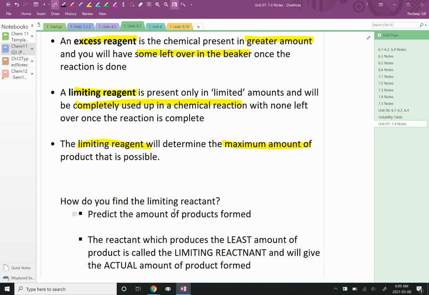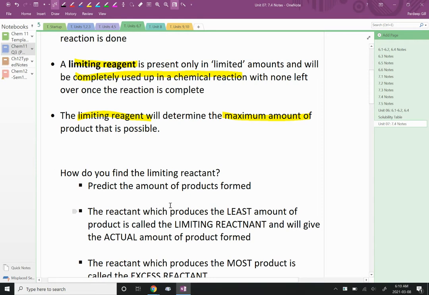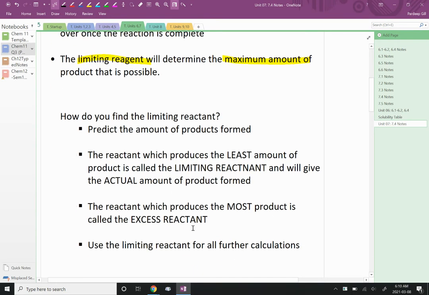So you had like the moles of iron, and that's it, and then you had to figure out everything else. Now, moving forward, you may be given two pieces of information, meaning you'll be given both masses for the starting materials, and then you have to figure out which one is going to produce the smallest amount of product. So that's what we're going to practice today.